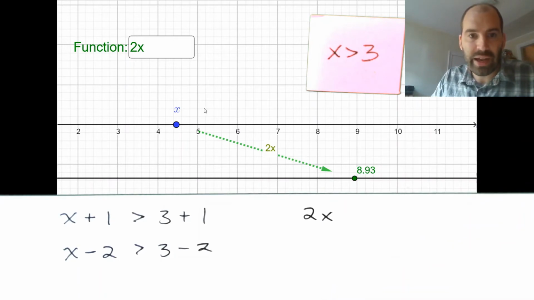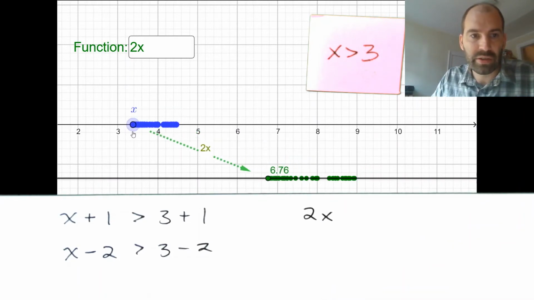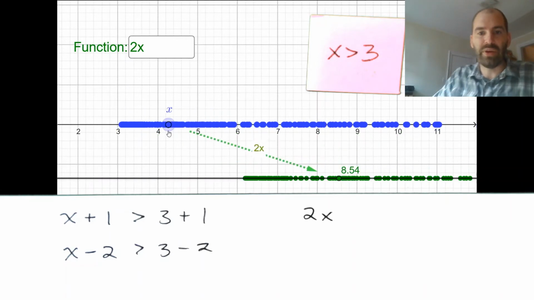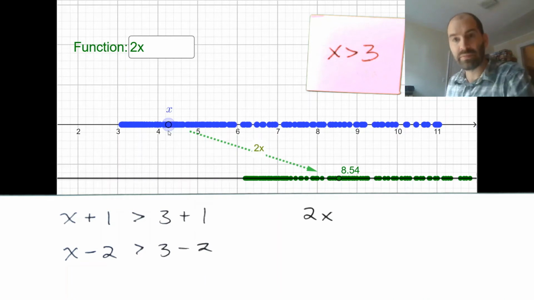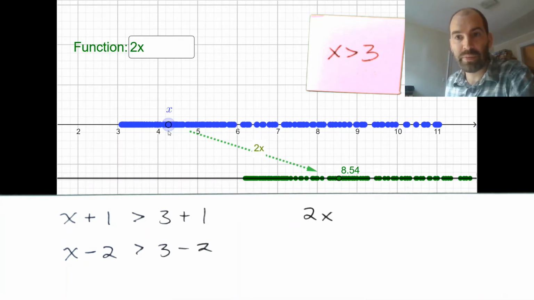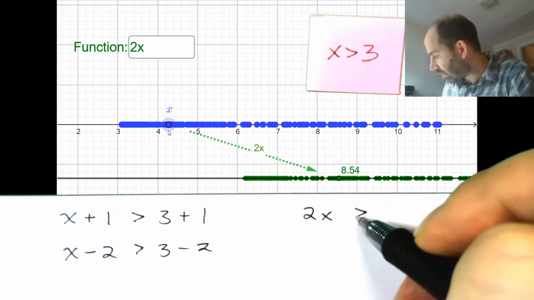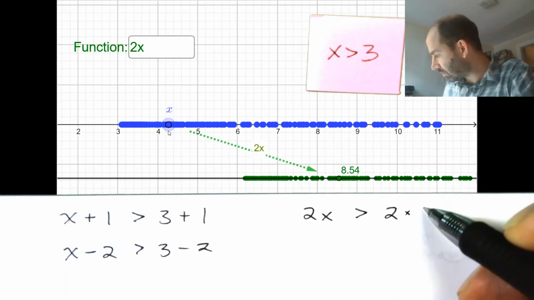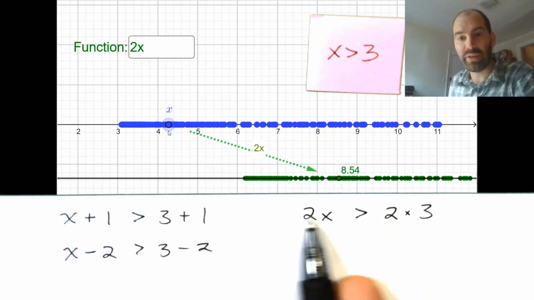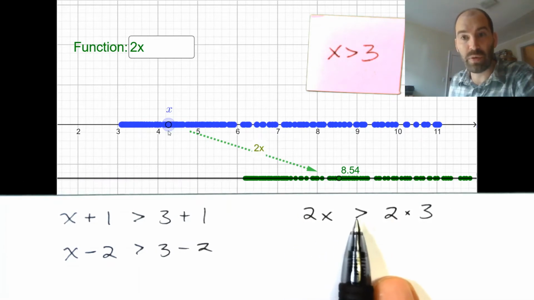As I drag x to the right of 3, look what happens to 2x. It's to the right of 6. Where did 6 come from? It's 2 times 3. So this is greater than 2 times 3. So I can multiply both sides of the inequality by this number 2, and it preserves the inequality, right?